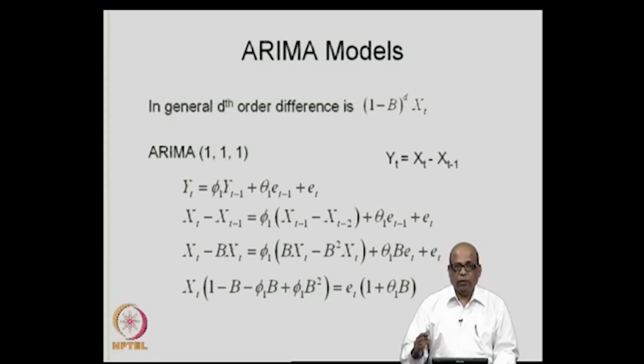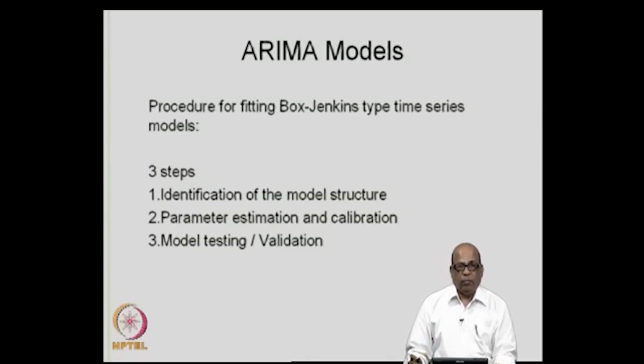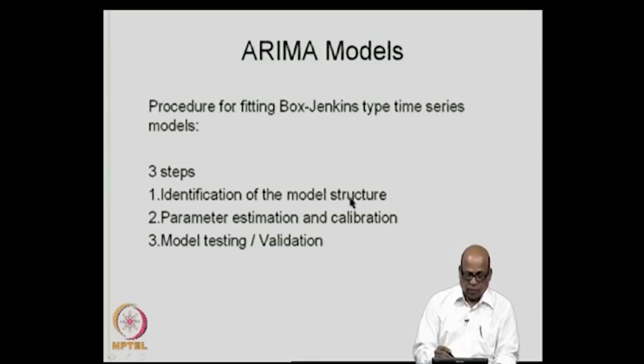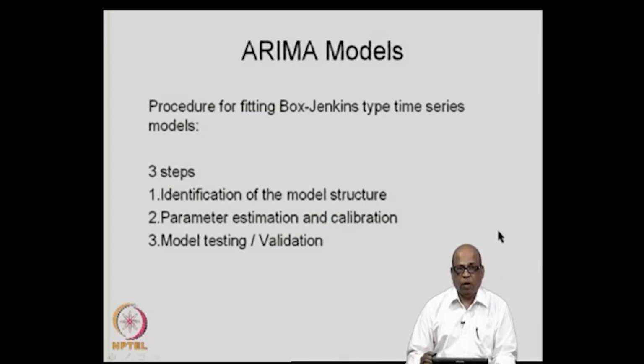Now, in the Box-Jenkins type of analysis, we follow three major steps, namely identification of the model structure, that is PDQ: how many AR terms, which order of differencing, and how many MA terms you would like to include.